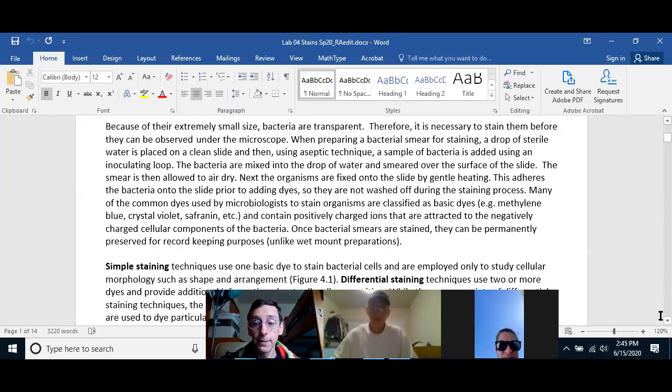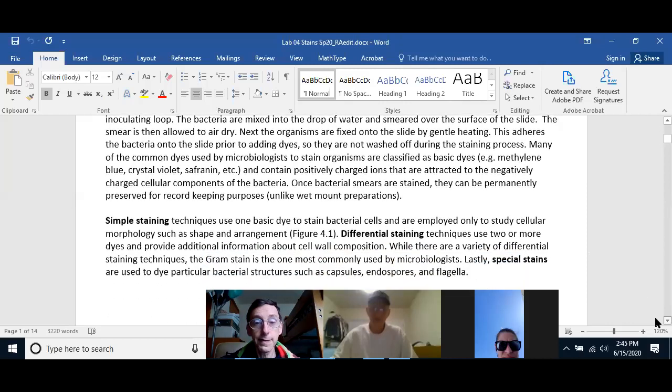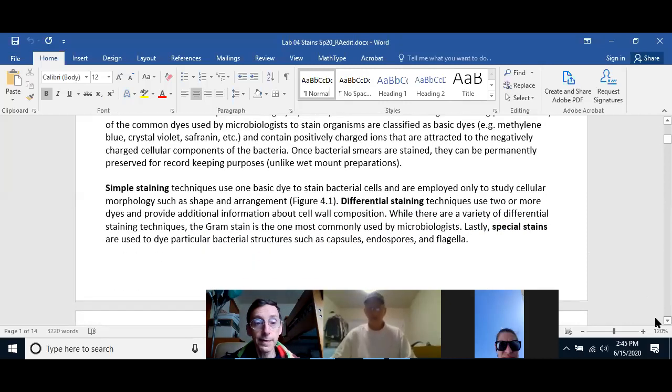All right, so let's talk about simple staining. A simple stain is when you're staining a bacterial smear with one dye. Usually it's a basic dye, but it doesn't have to be. It could be an acidic dye, and that would be a negative stain.